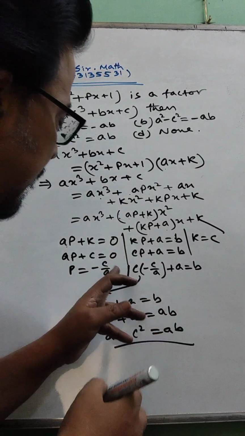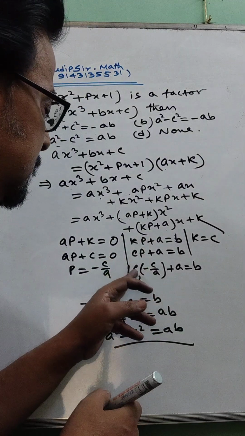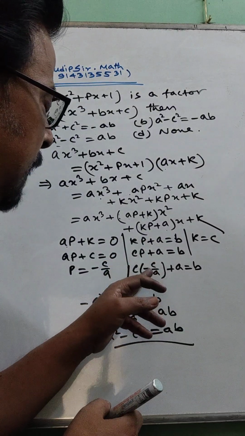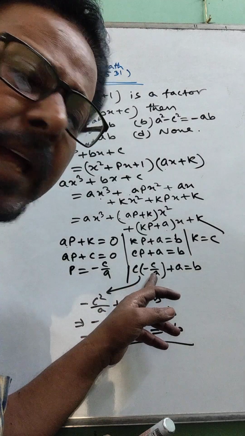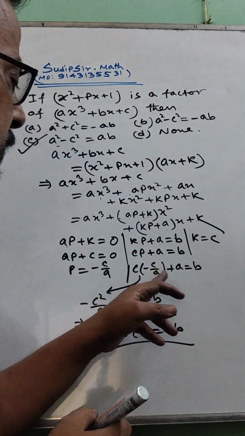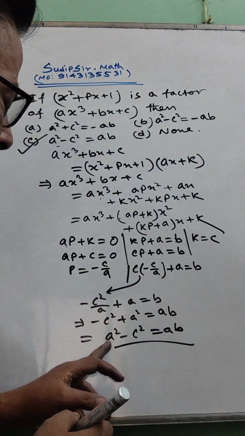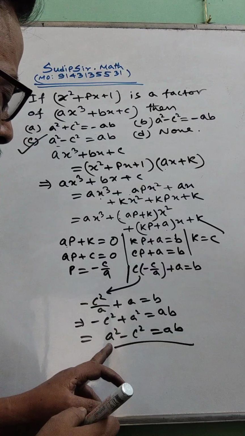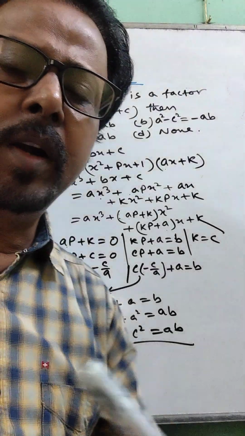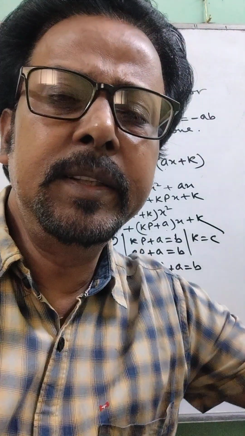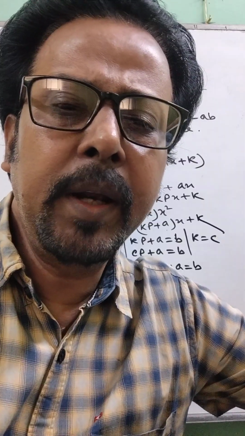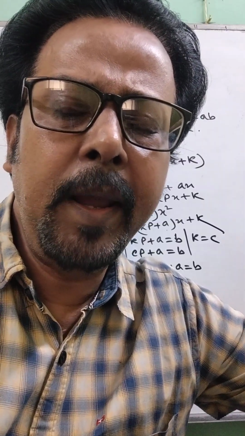Again putting this value of p, we simplify it and get a square minus c square equal to ab. So C is the correct option. Okay, hope you understood well.